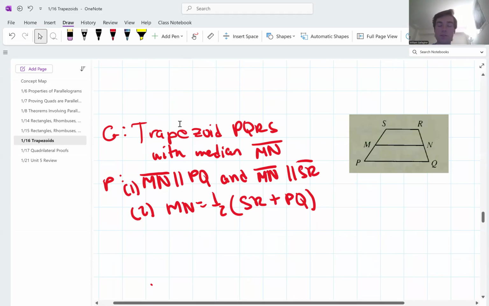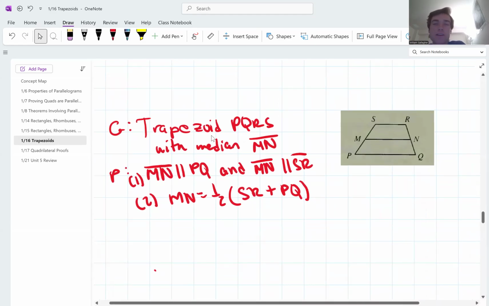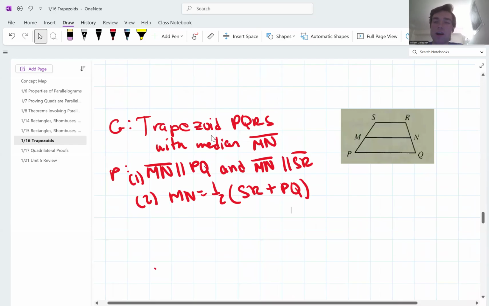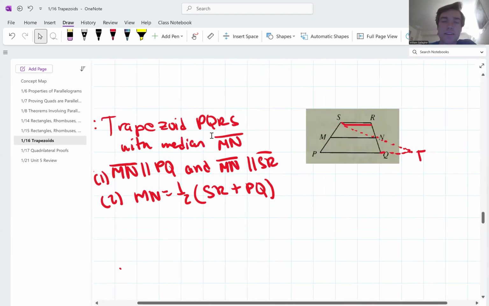If you look at the textbook, there's a bunch of ways to do this. I'm going to try to make our new thing look kind of like our old thing from January 8th. So I'm going to draw this auxiliary line here, and I'm going to call this point T. If you look, SM and MP are congruent. Maybe I'll only make one tick mark because MN is a median.